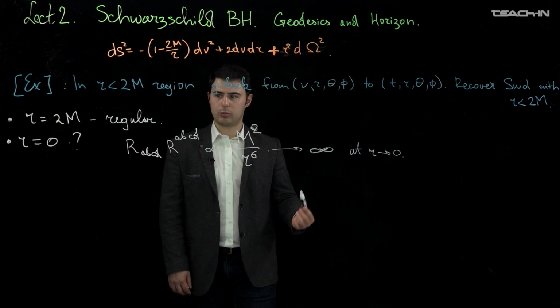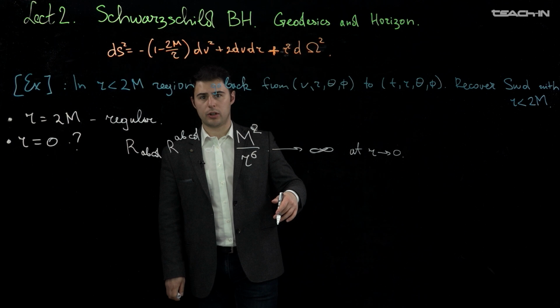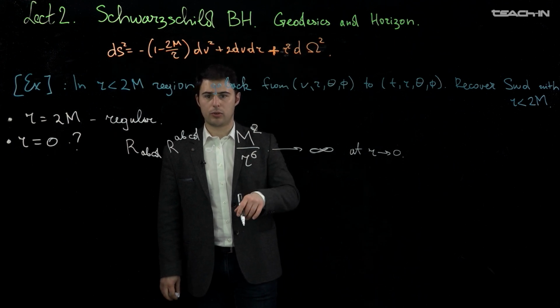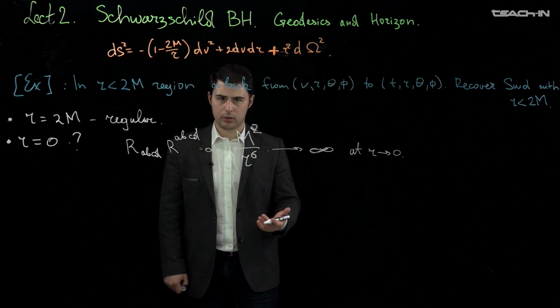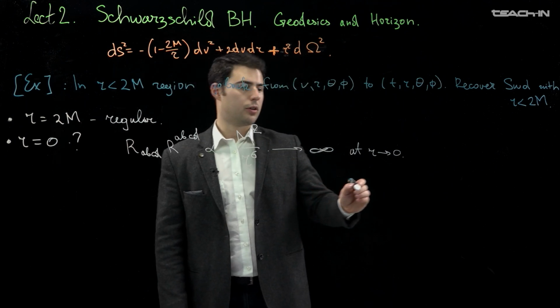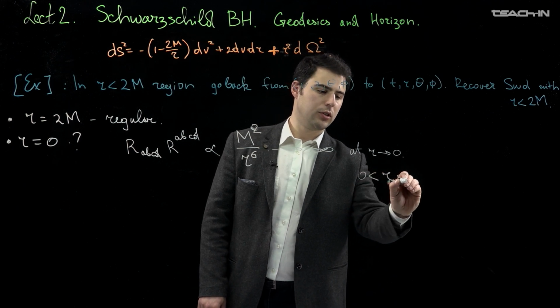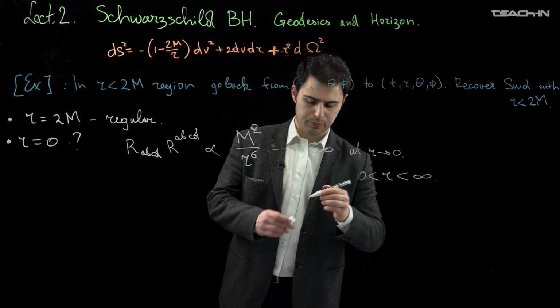So even more strictly speaking, we would actually not include the singular point into our manifold. So we have the radial coordinate going from strictly greater than 0 to infinity.